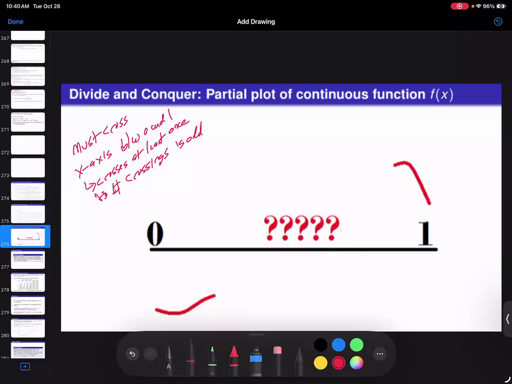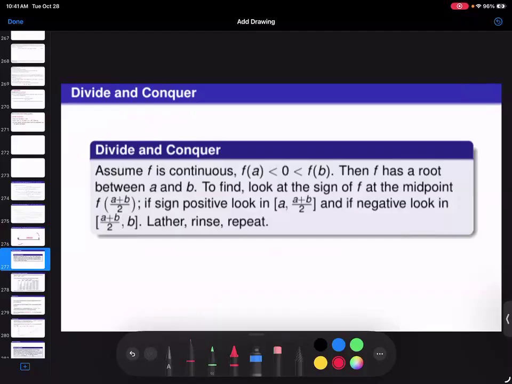We can use this to find approximations to the roots. So this is the method of divide and conquer. What we do is, we take our interval. So here's A, here's B. Let's say it's positive at A and negative at B. We look at the middle point.